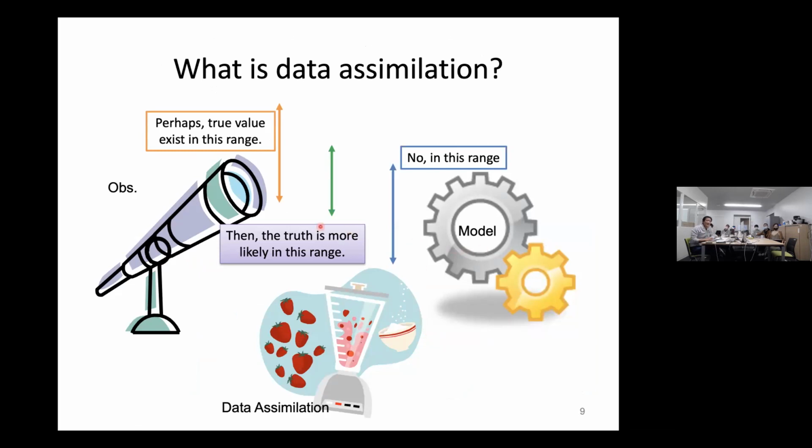And if we observe something like delta 18O of vapor, then the observation has this range. I mean, there should be some uncertainties, so the range is very important. And then the simulation also estimates somehow with a different range and a different mean.